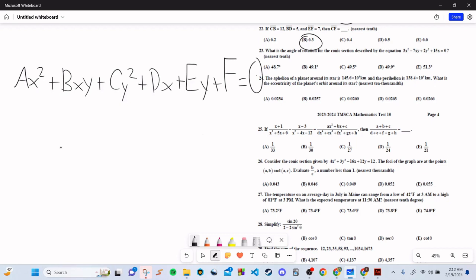And so the formula to know is that the cotangent of 2 theta is equal to c minus a over b, I think. Okay, I might have the variables wrong. I'm a bit rusty on this one. So let me just test this out real quick. So that would be this.